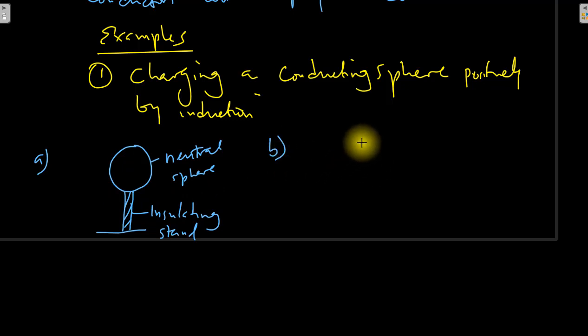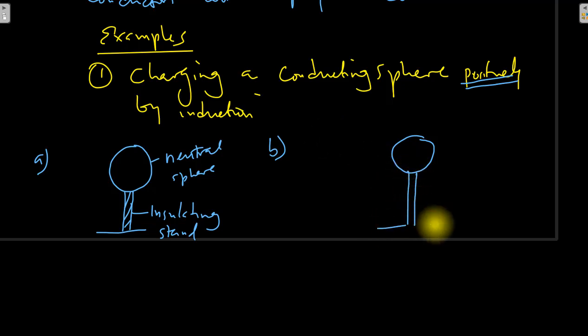In the next step, since we want to charge the sphere positively, we are going to bring a negative charge towards it. So there is my conducting sphere.